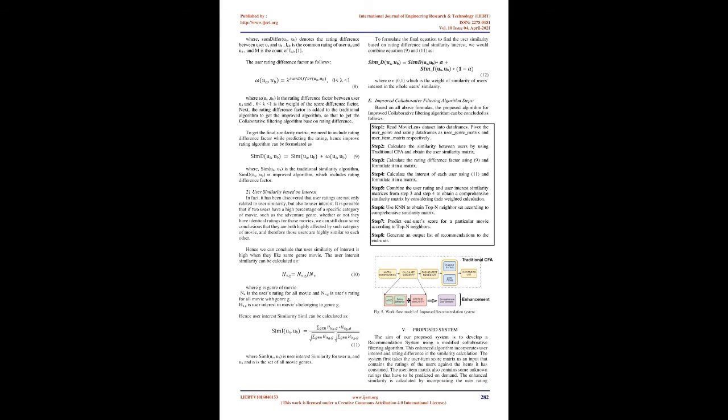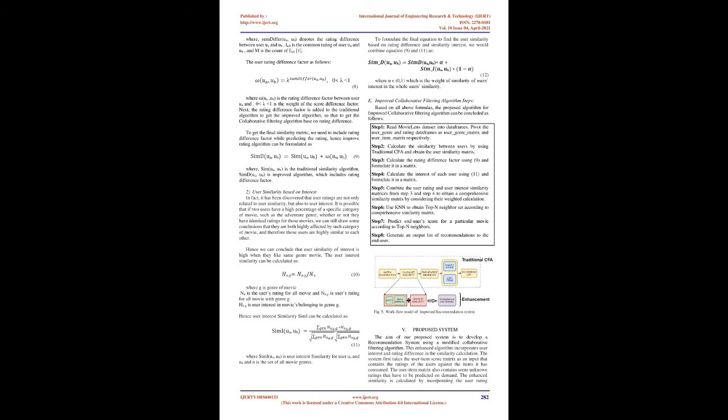When calculating the user rating difference, a user rating difference factor is added to the similarity calculation. Firstly, the rating difference is calculated between users A and B as follows: Sum differ, UA/UB, equals the sum over common ratings divided by M (7).